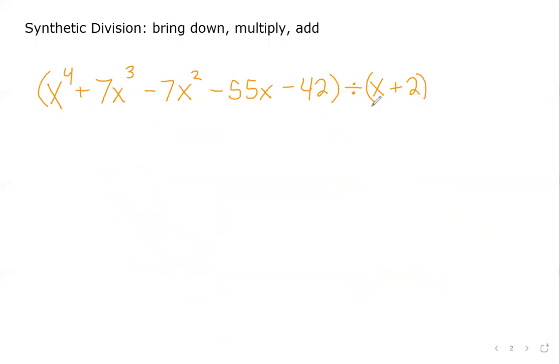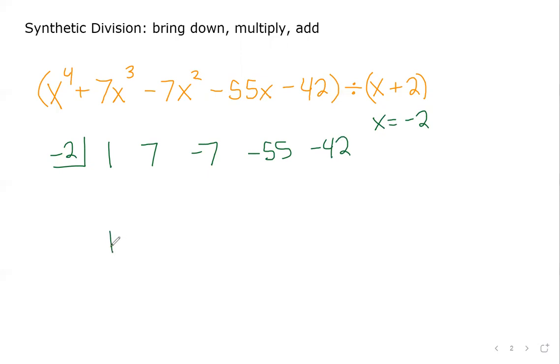This is x plus 2, which is equivalent to saying that x would equal negative 2. So I'll set up the coefficients 1, positive 7, negative 7, negative 55, negative 42. Bring down the first one.